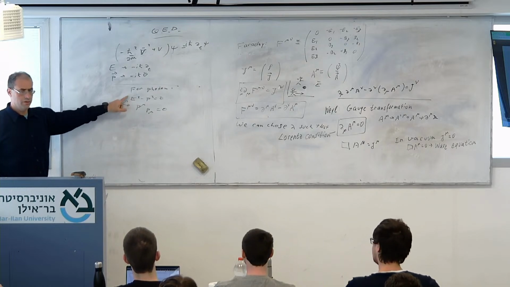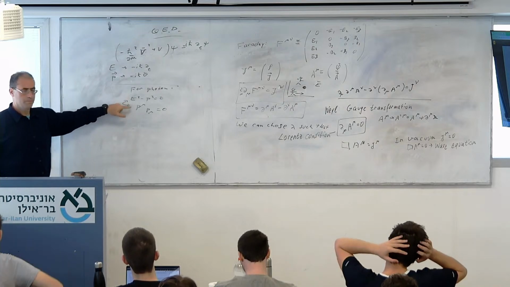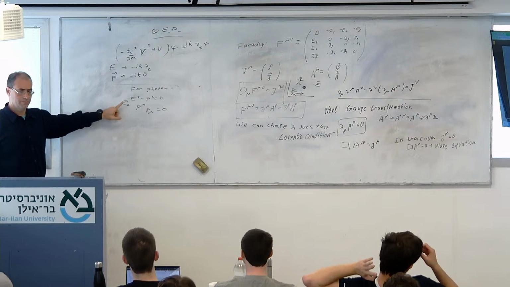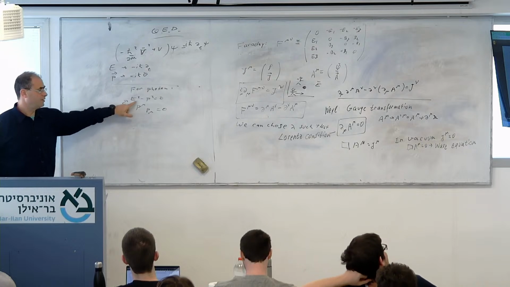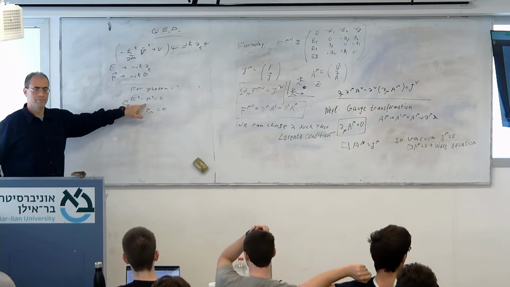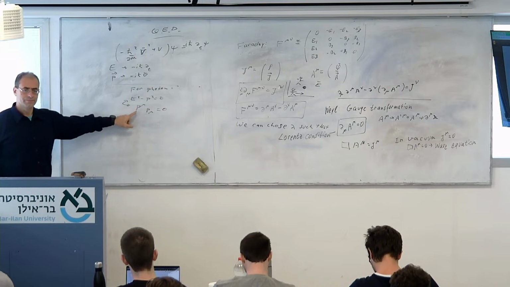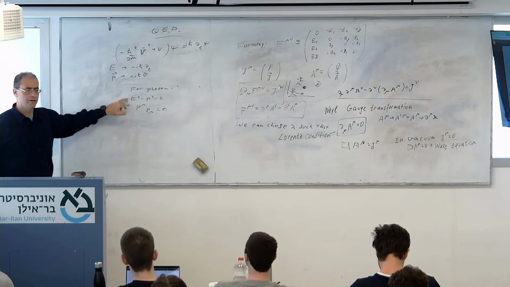You realize that what's written here is the same, just a different convention, a way of writing. Because P^0 is E and P^i is the momentum, and because of the lowered index there is a minus sign. Make sure that you're fully familiar with this notation.